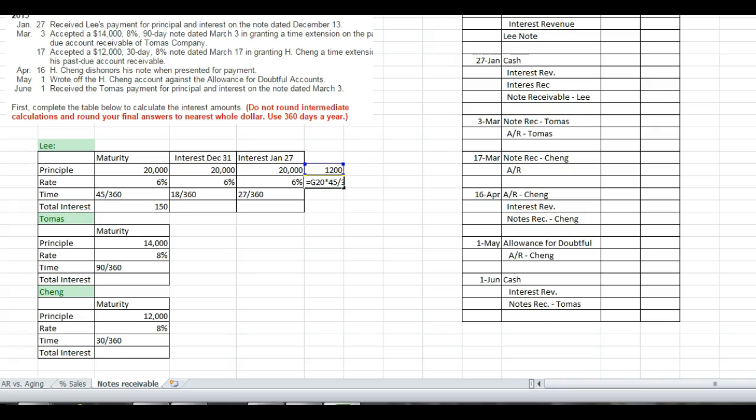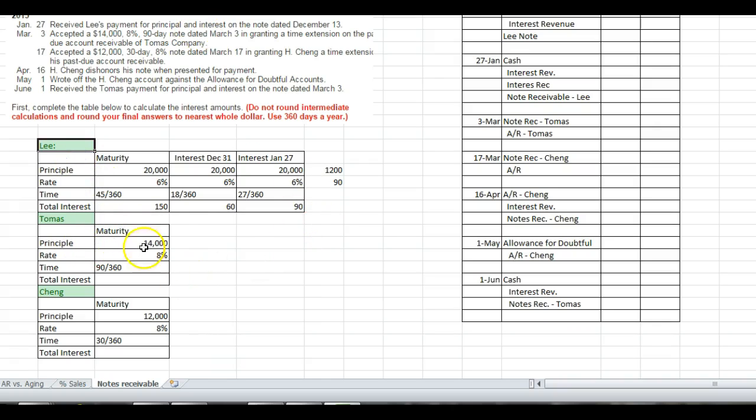So that gets changed to 18, and that's $60. And finally for 27 days, that becomes $90. So those are the interest intervals for Lee, which we'll use up here.